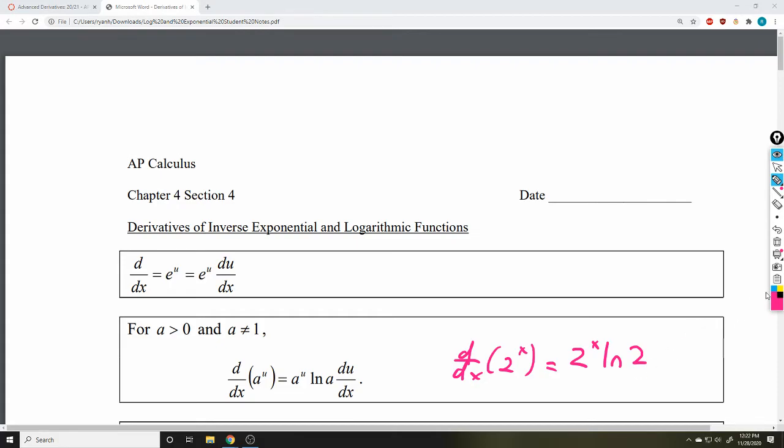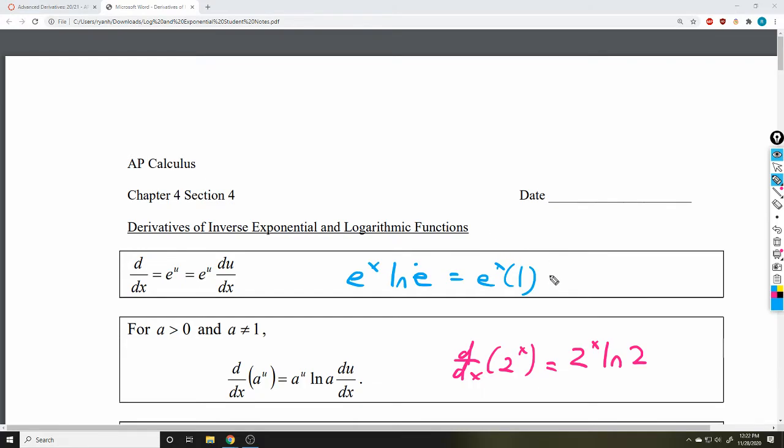Now there's a special case when we have e to the x. So the derivative of e to the x is e to the x times the natural log of the base. Well, the base is just e. And if you remember your logarithms, natural log is a base of e. So the natural log of e is just 1 because it asks the question, e to what power equals e?